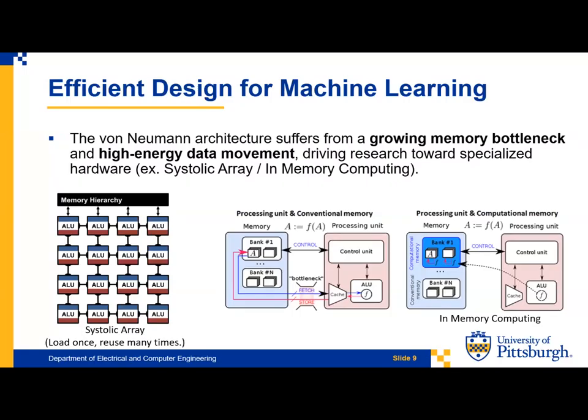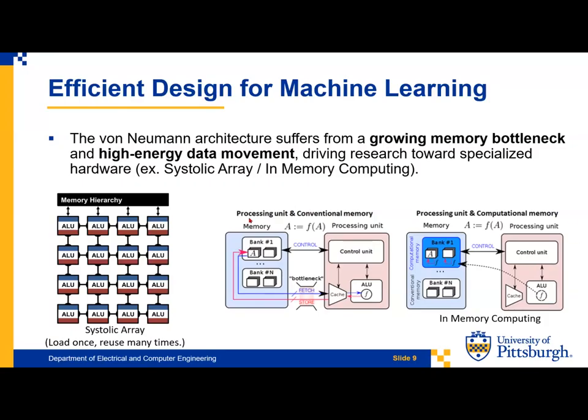The first is the systolic array. Maybe you have heard of this, because it is deployed inside the TPU; the Google TPU is based on this architecture. The other technique is in-memory computing, and the key idea is shown in this figure.